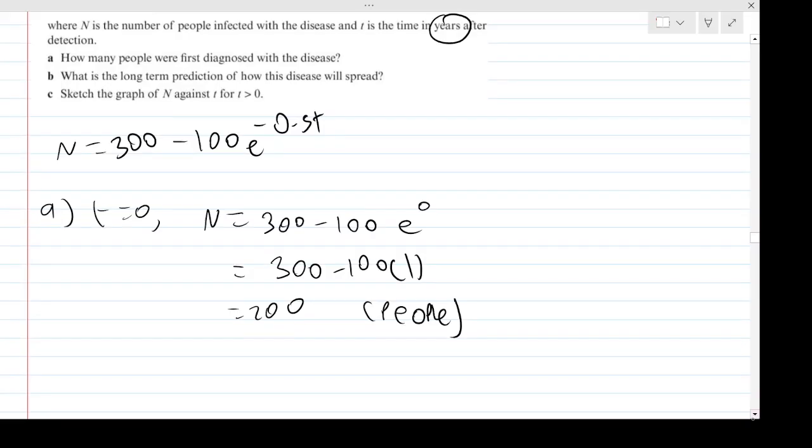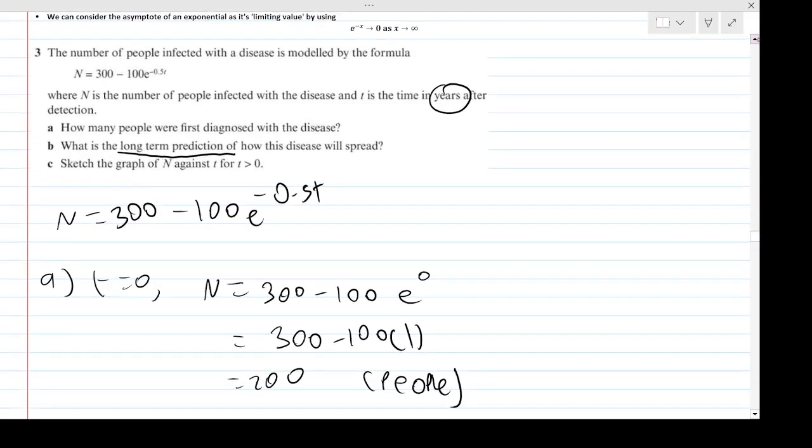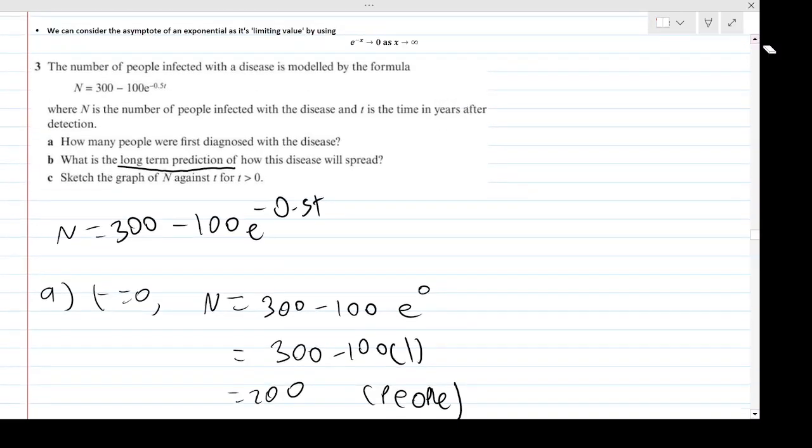Part B then says, what is the long-term prediction of how the disease will spread? That's talking about the limiting value and the long term stuff I talked about at the start. We discussed up here that e to the negative x goes to 0 as x goes to infinity.